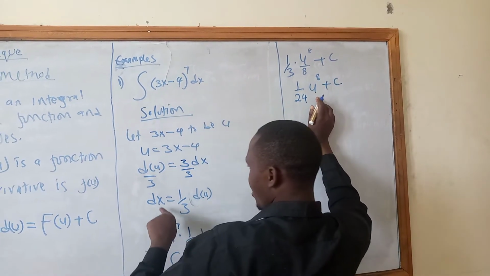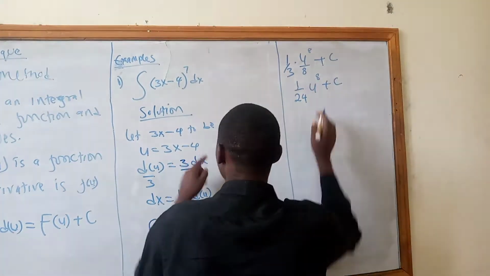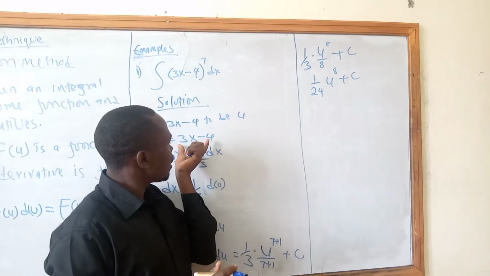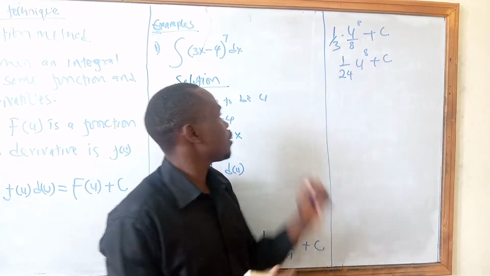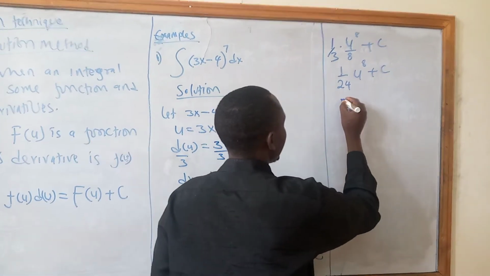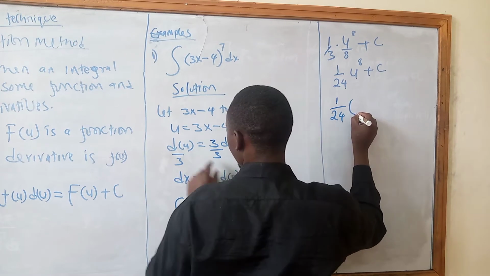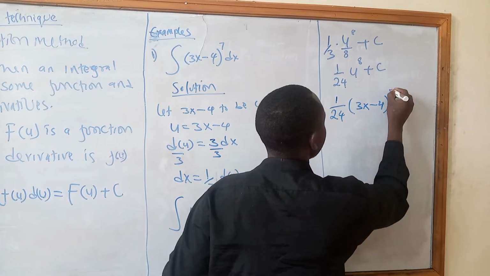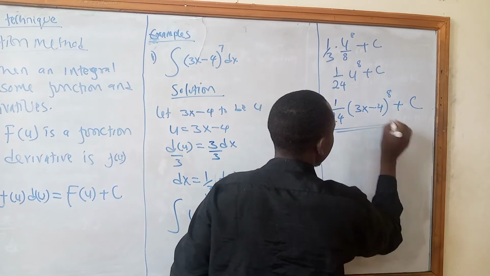But remember, our u is 3x minus 4. Then in place of u, I substitute. It's the same as 1 over 24 into (3x minus 4) raised to 8 plus c. And this is the answer.